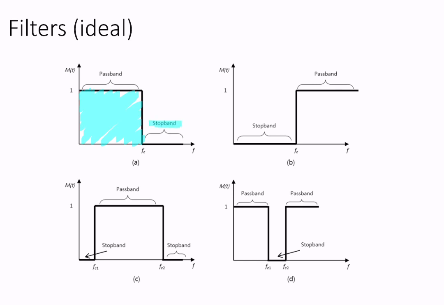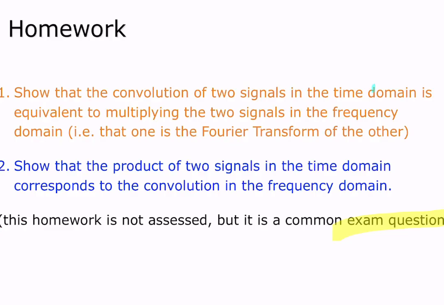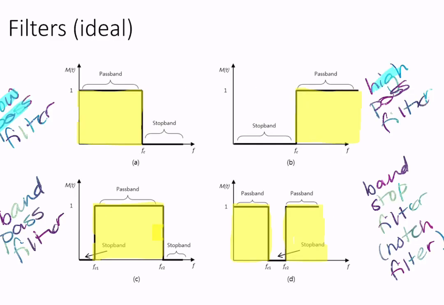We call that kind of filter a low pass filter because it allows signals with low frequencies to pass. The opposite is something called a high pass filter because it'll allow signals with high frequencies to pass. So these signals will pass and low frequencies will not. A low pass filter will allow low frequencies to pass and high frequency signals will not pass.